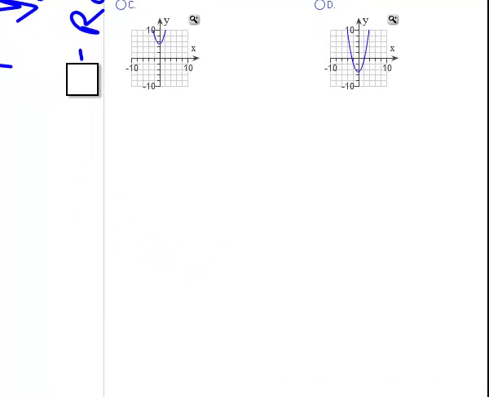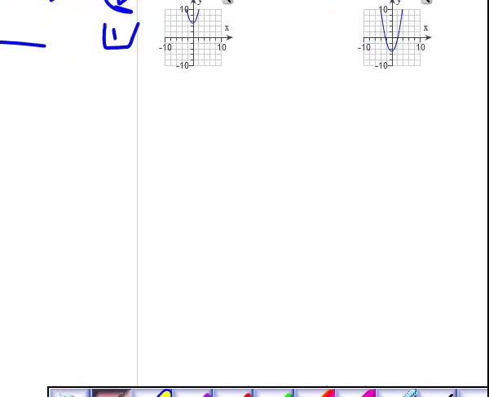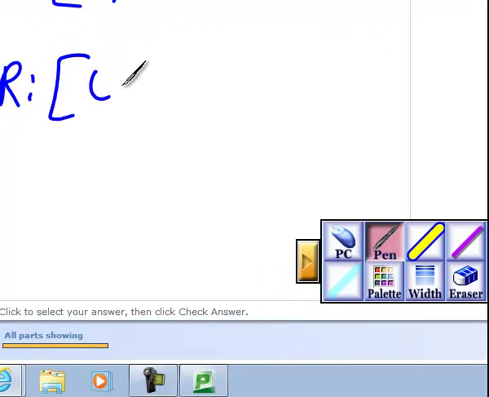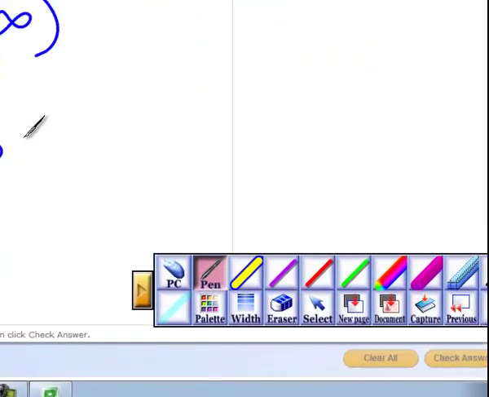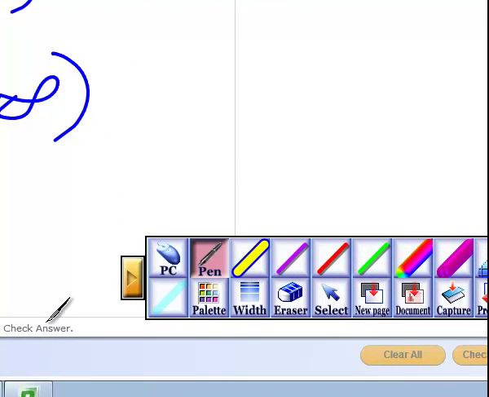Y is at 0. That's a definitive point at 0, so this would be closed from 0. And now this keeps on going. It looks like it flattens out, but it does keep moving up. So that would be to infinity. Okay? All right.